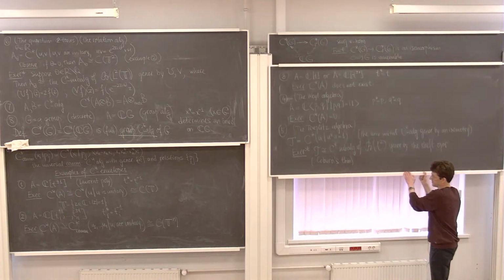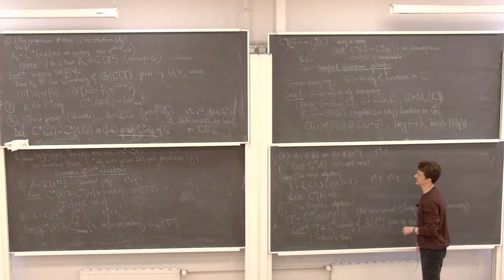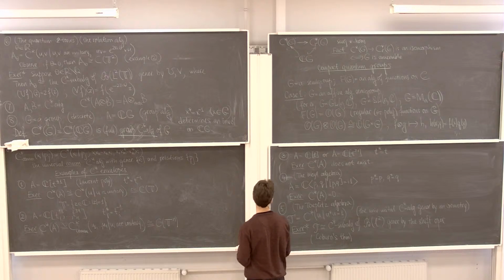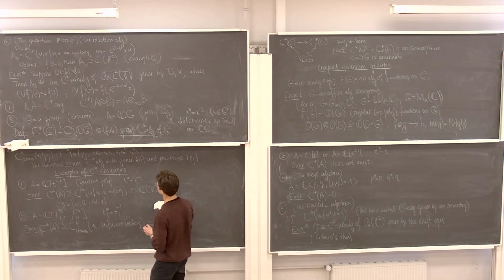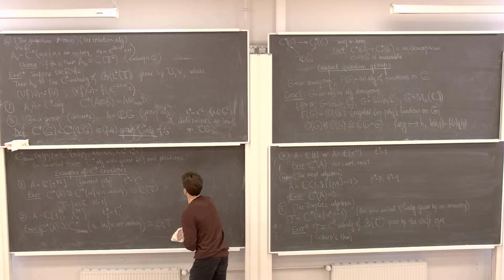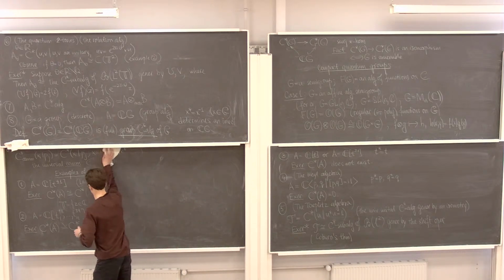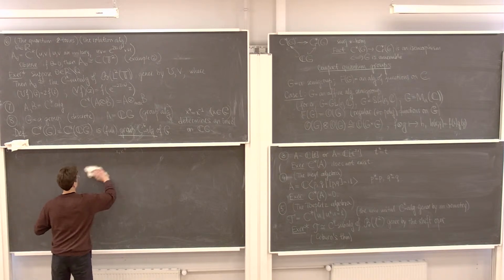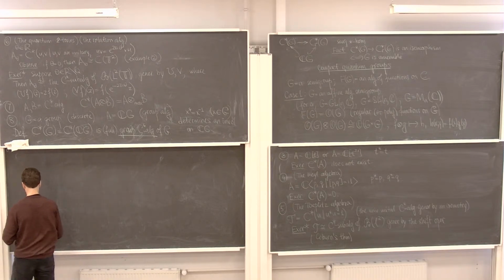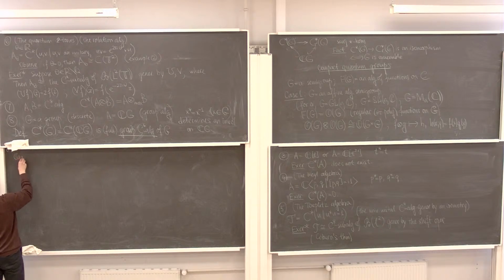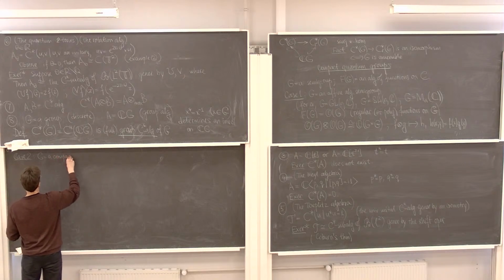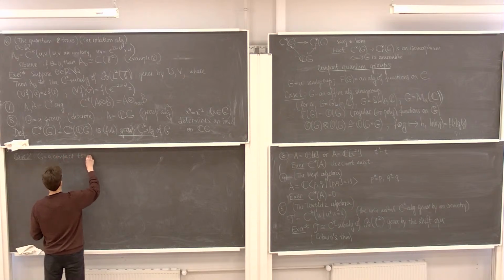The second case we're interested in, and actually this is our main case, is the case where G is a compact topological semigroup.